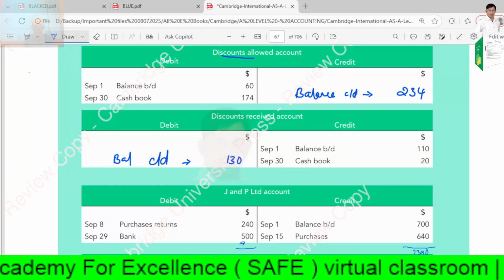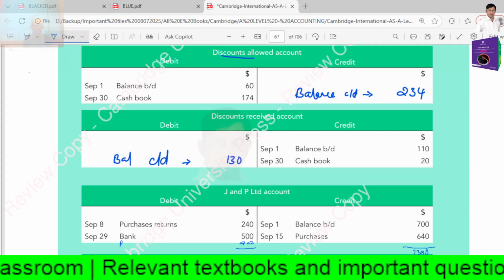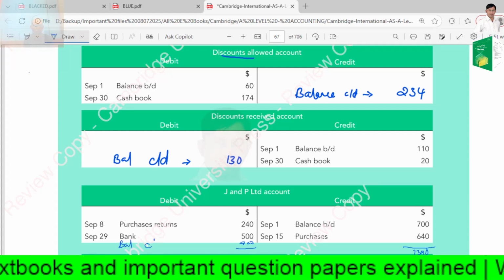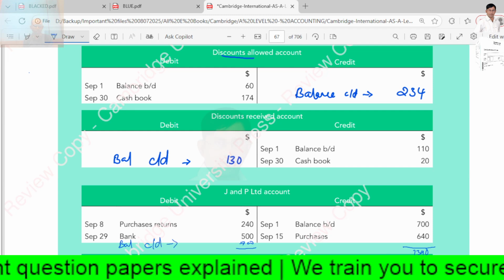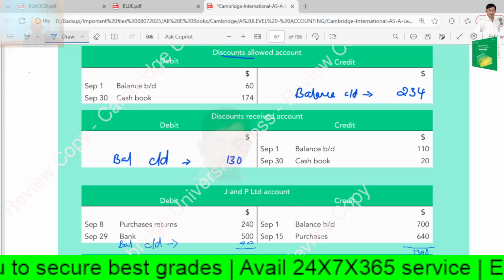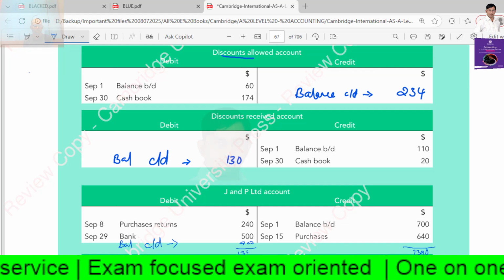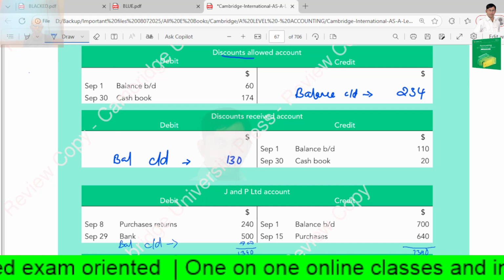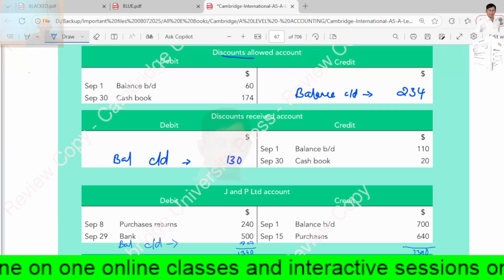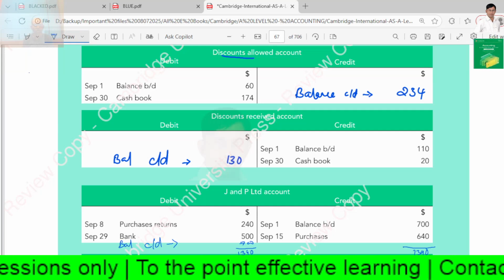If we put 700 here, that will be the balance carried on. Both sides, the totals should always match, so 1340 on both sides.